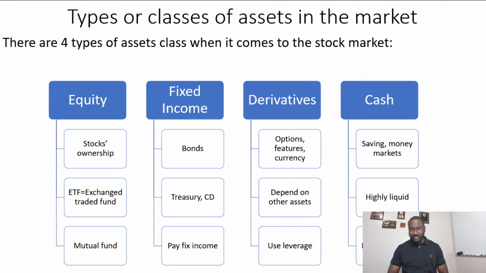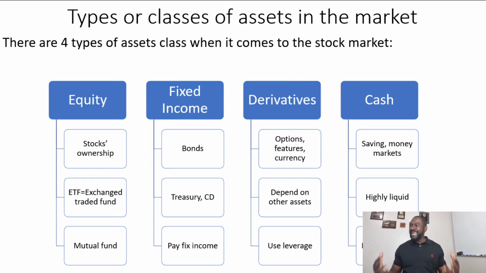Derivative is based on another asset. It's a little more involved, but because this is an introduction class, we don't want to go too deep. I might do some classes where we explain everything and keep it at a low price so everybody can buy it.